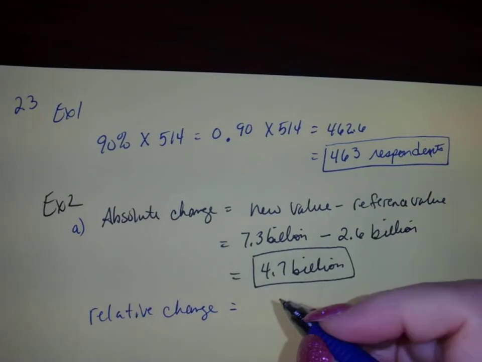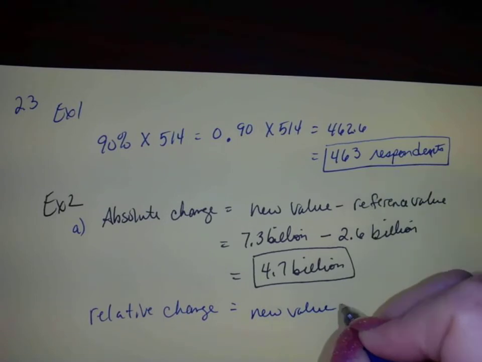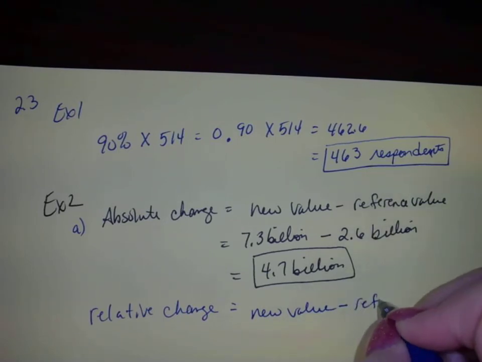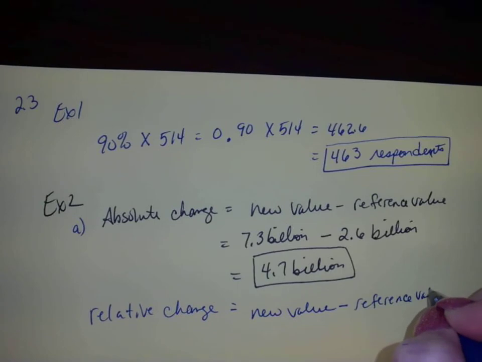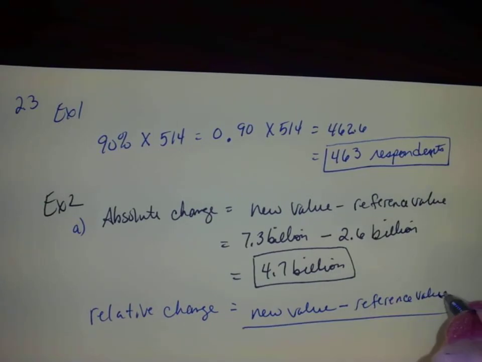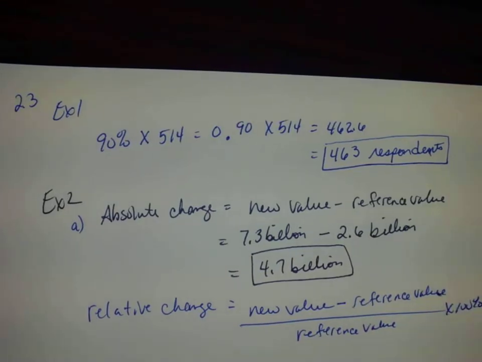So the relative change is our new value minus our reference value, divided by our reference value, and then multiplying by 100%, right?